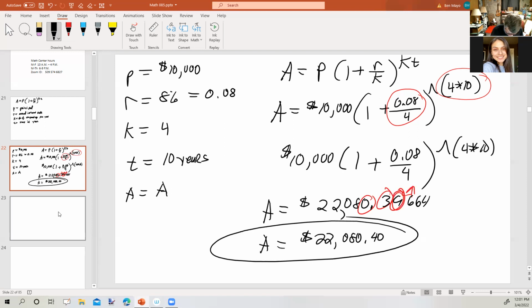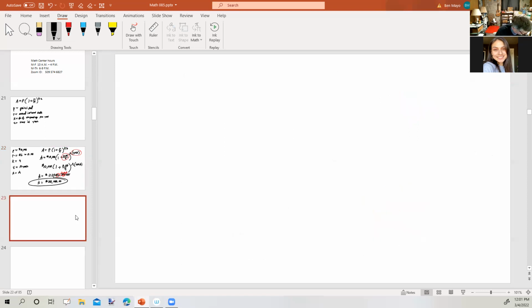All right. Let's take a look at another one. This says, how much more interest could $1,000 earn in 5 years, compounded quarterly, if the annual interest rate was 5.5% instead of 5%? Okay, so we've got a couple of scenarios here. The principal in both cases is $1,000.